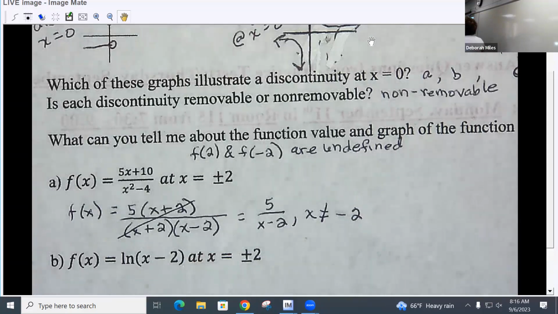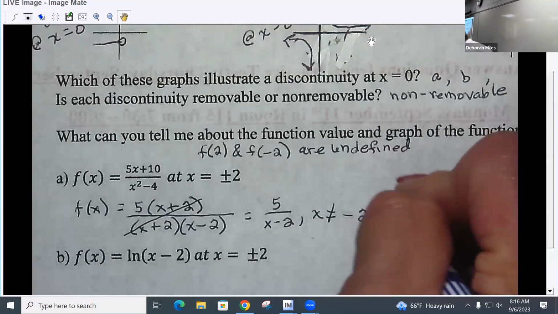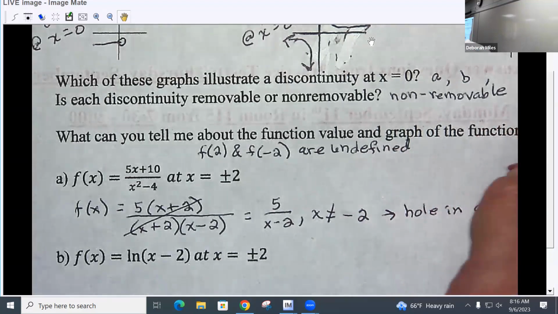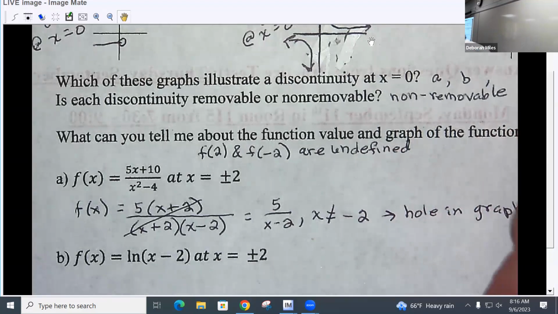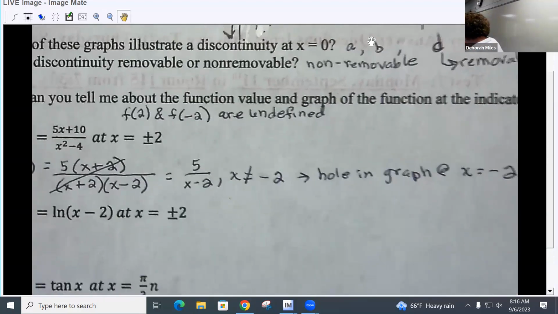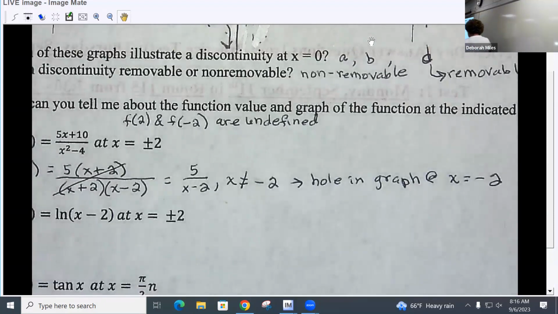Now, what does that mean is going on with the graph at -2? Hole in the graph at x equals -2. A hole in the graph always comes from the common factor that you cancel. So that's all we can say about the graph at -2. There's a hole in the graph.